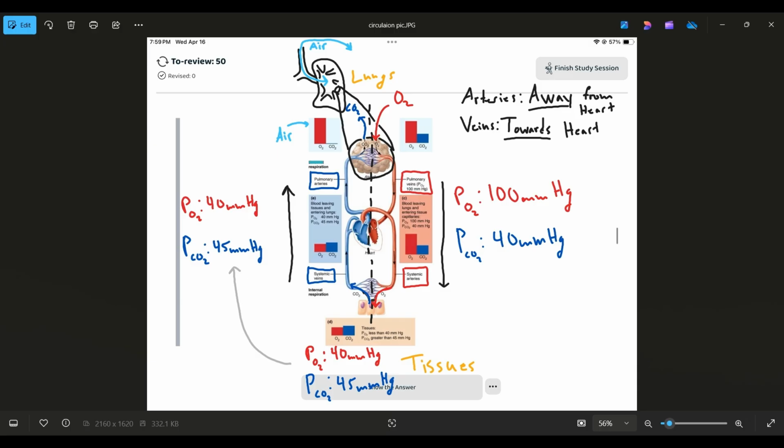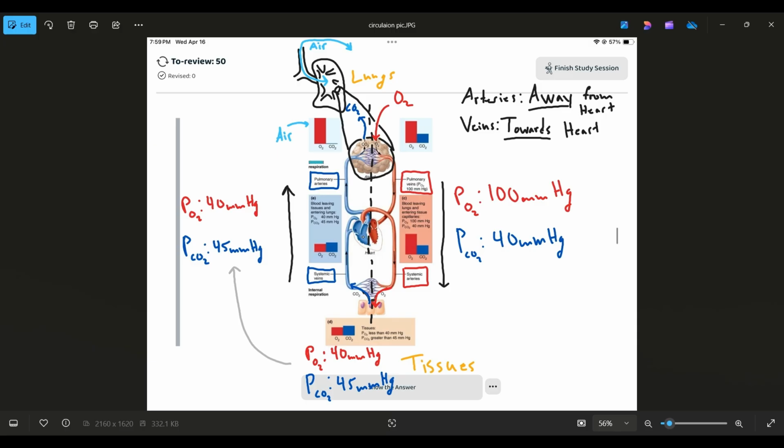So, to start with, we'll start from the heart and just follow the blood through this pathway here. So we'll start on the right side of the heart, down here in the right ventricle, which is this bottom chamber here. The blood here that's blue on this left half of the diagram is deoxygenated blood.